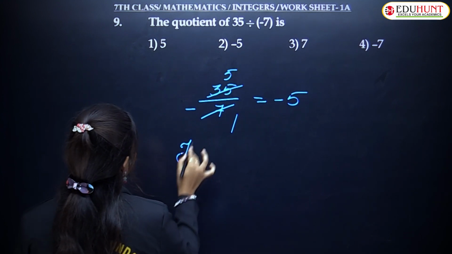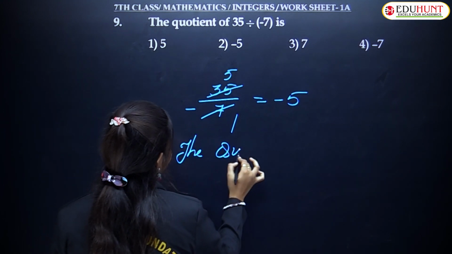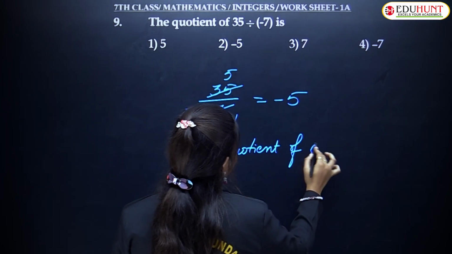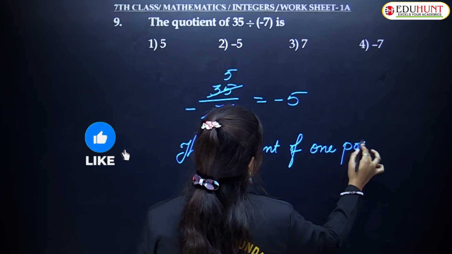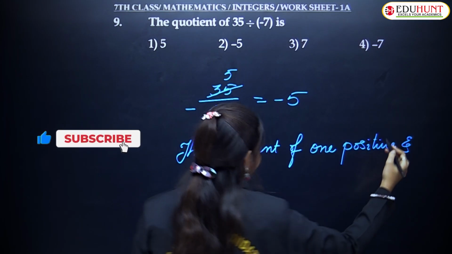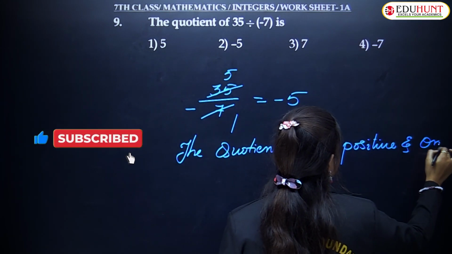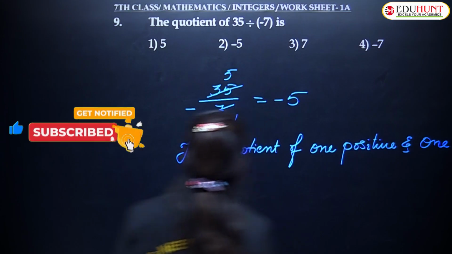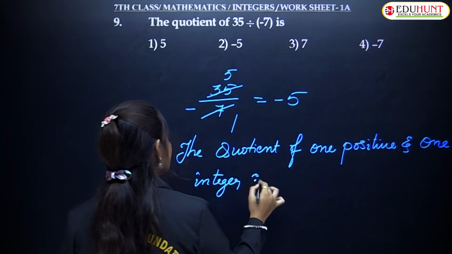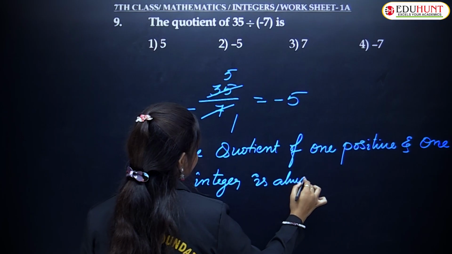The quotient of one positive and one negative integer is always negative.